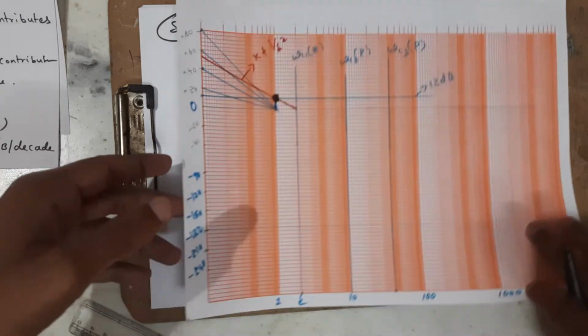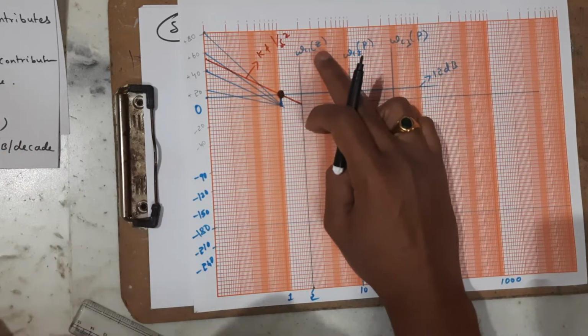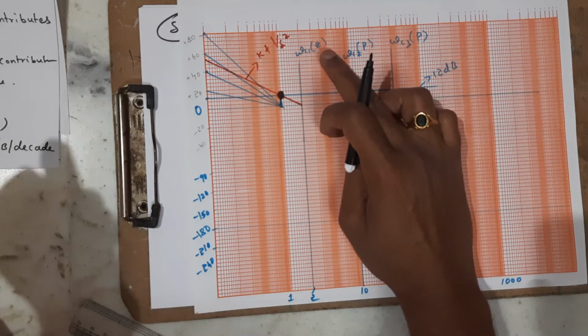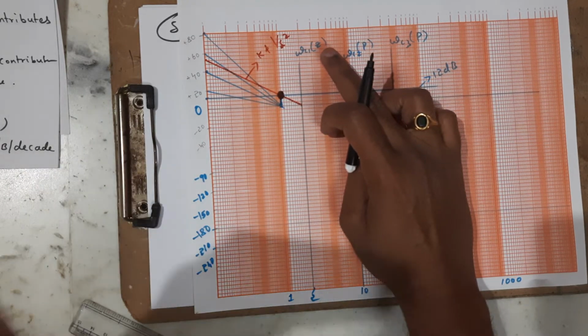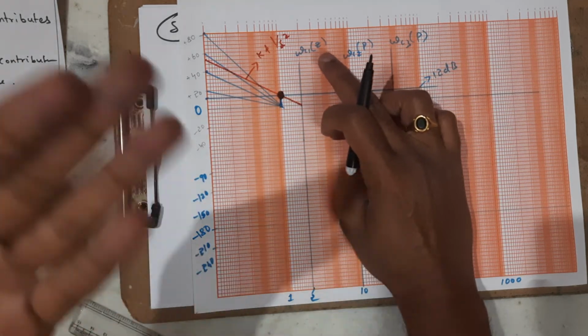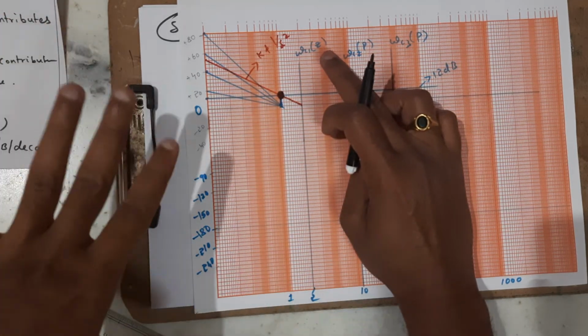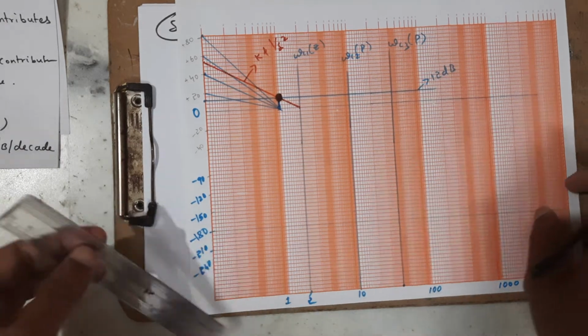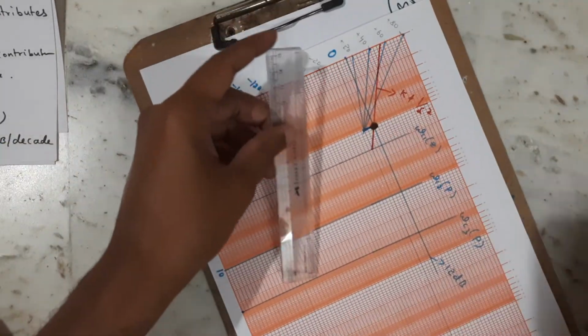I hope you understood. Omega c1 is equal to 2 radians per second. It is due to the simple zero, which contributes plus 20 dB. The previous slope is minus 40, and after simplification we come across minus 20.